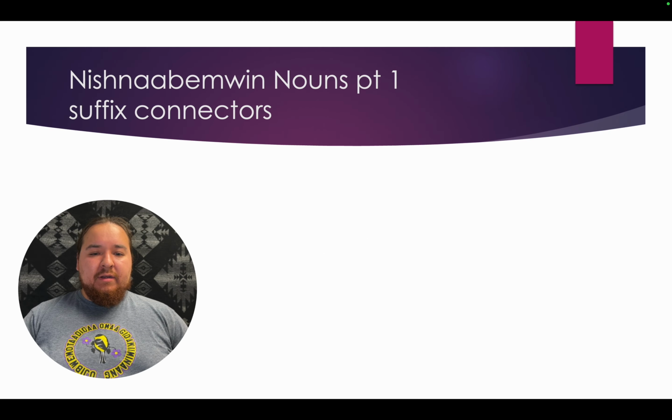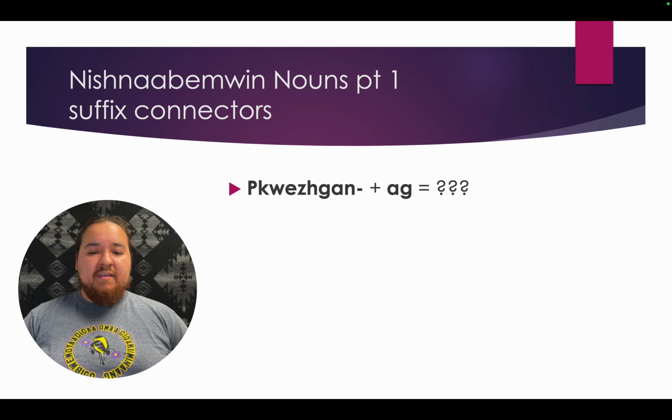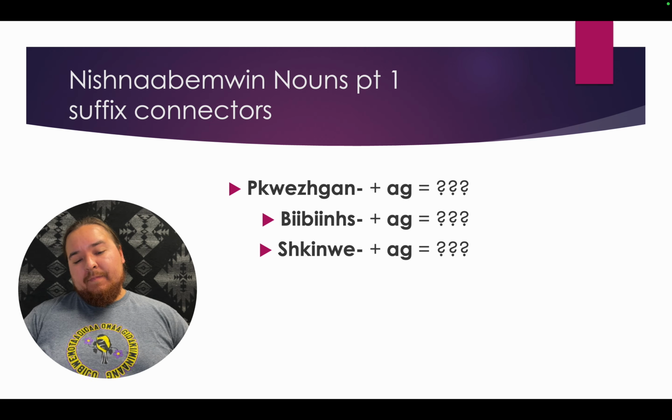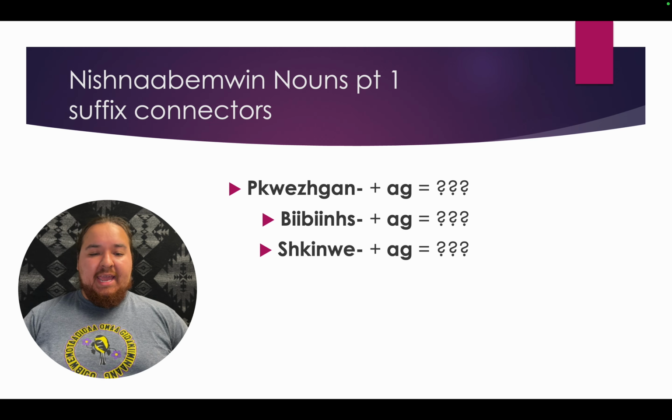So Nishnaabemwin nouns, part Bejig, suffix connectors. So kwejgun, and then you can see it doesn't have a suffix connector, and then an ag suffix. Bibis also doesn't have a suffix connector, and when we add ag, we'll see how that pluralizes. Shkinwe, again, ends with a vowel sound, has no suffix connector, and we add ag.